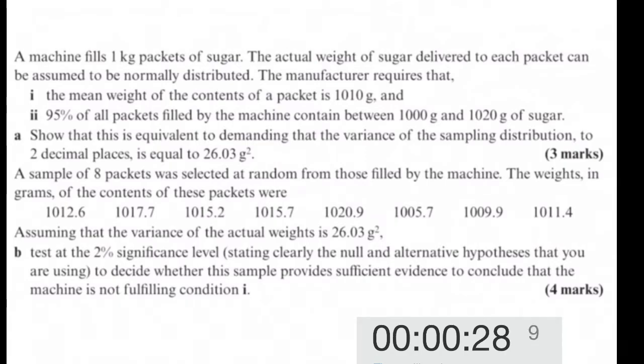So z and x share the same axis. It's just one's coded and one's not coded. You can just solve one of them because you know z, you know x, and you know mu.